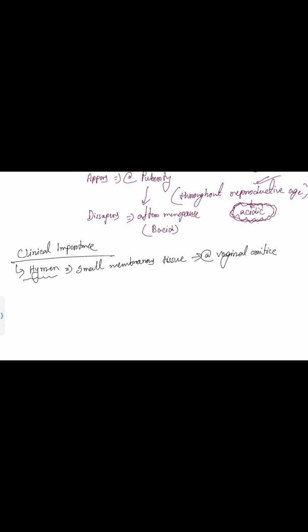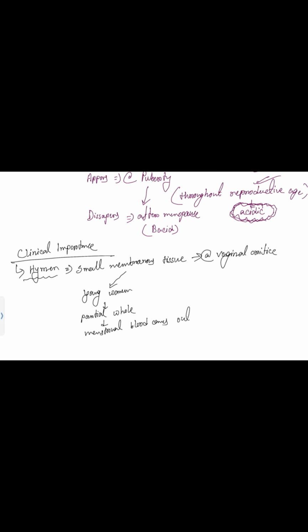It covers the vaginal canal, and through this hymen there is a small hole. In a young woman, this hymen has a partial hole through which the menstrual blood comes out.